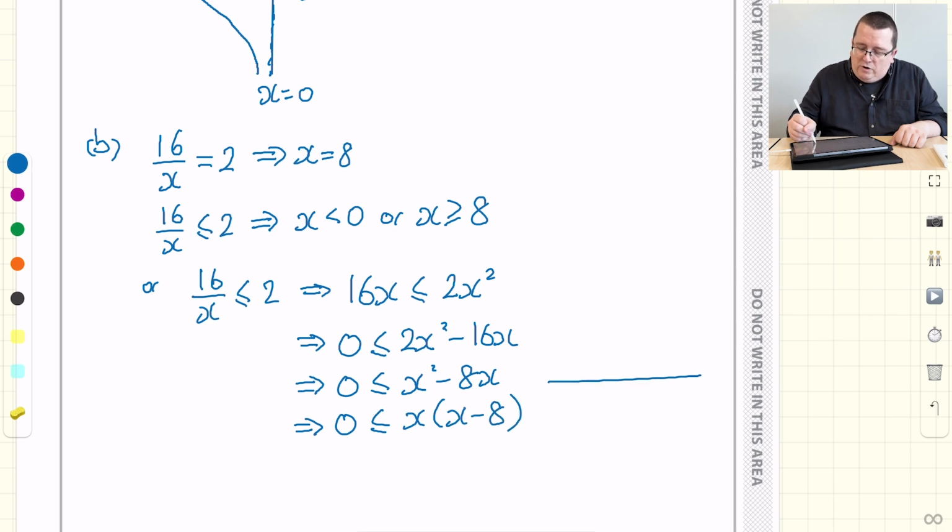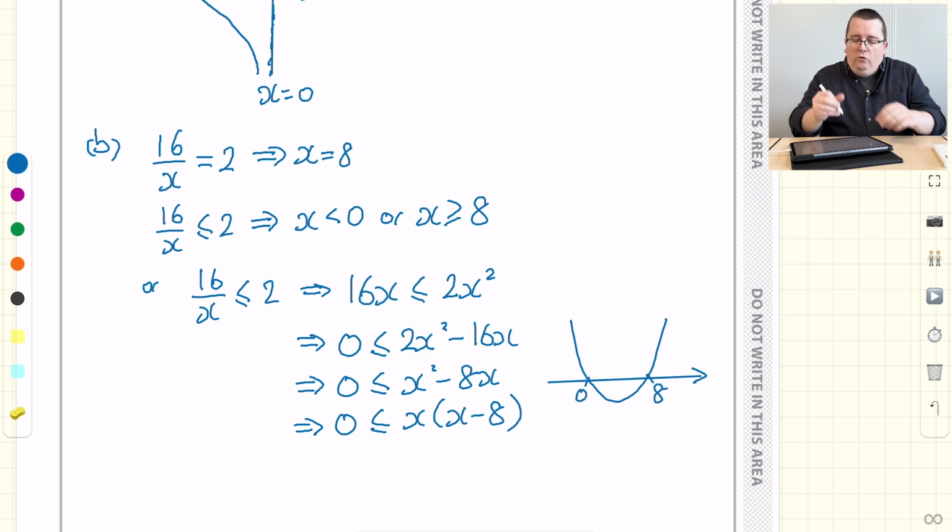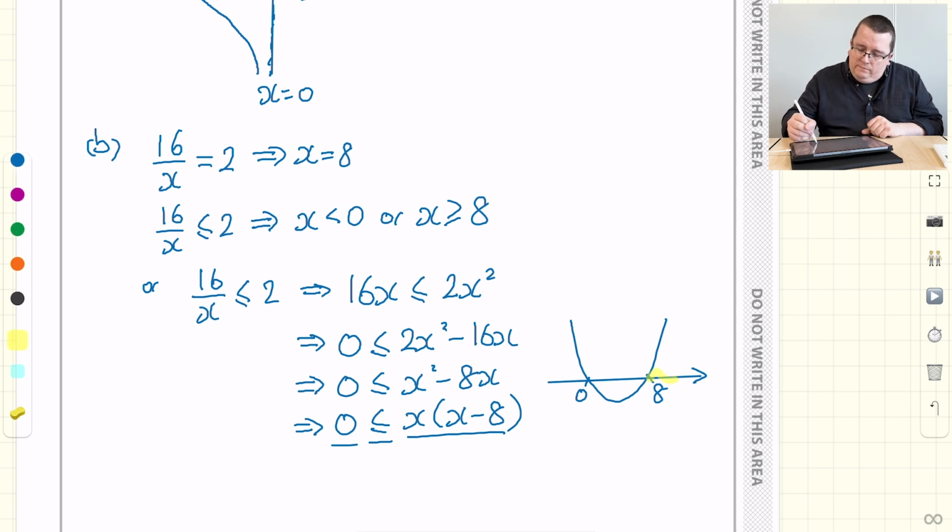And now we're considering a parabola that is crossing through the x-axis at 0 and 8. And you're looking at whether this curve is above 0. So it's above it here and here.